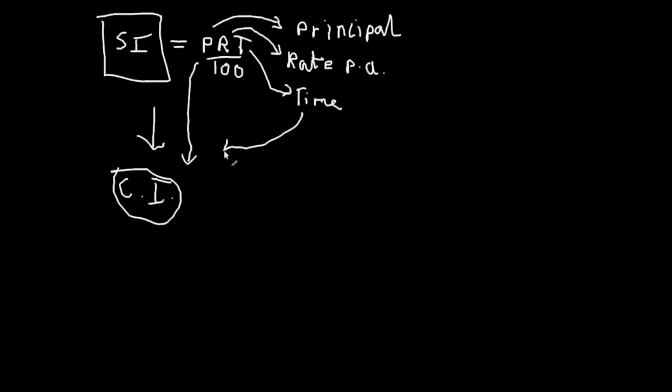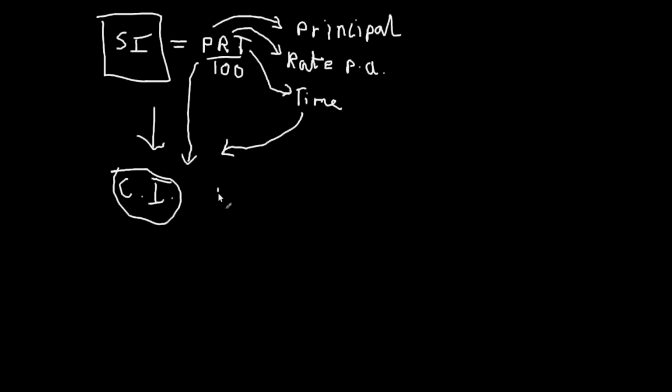It means that supposing your time period is 2 years and the interest is compounded annually, that means that the interest from the first year will get added to the principal, and that will become the principal for the second year.